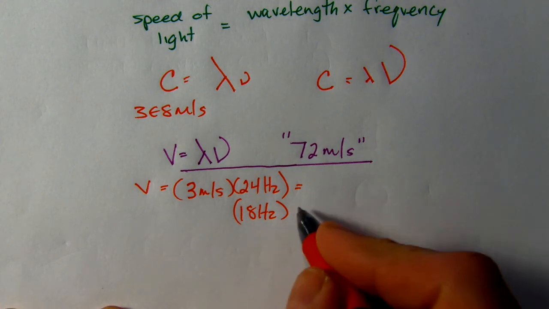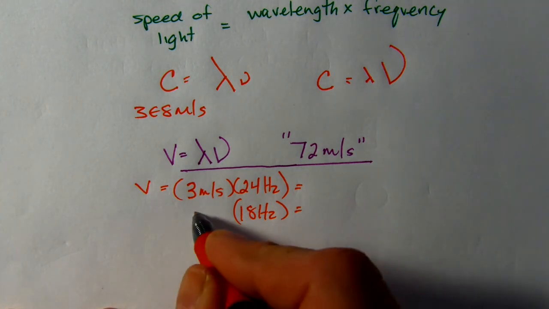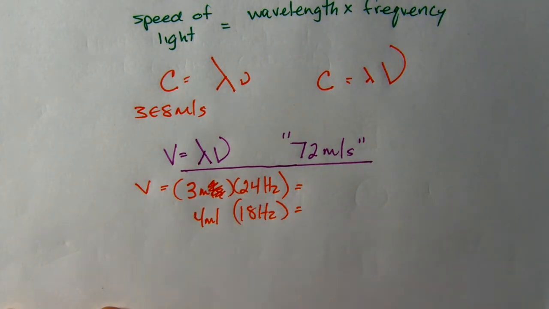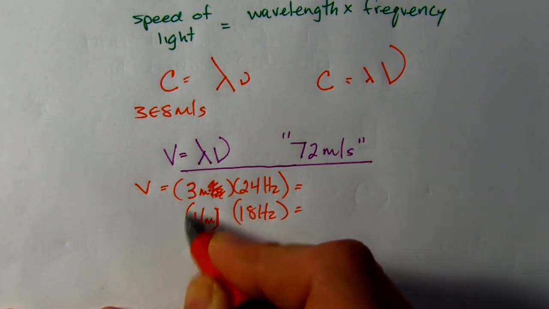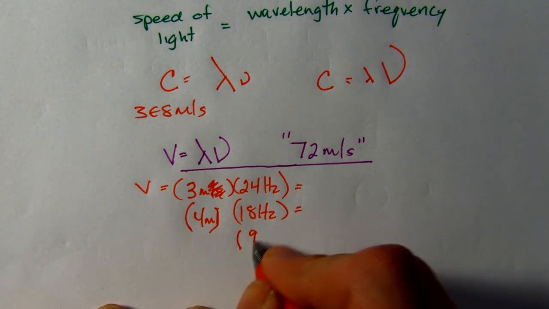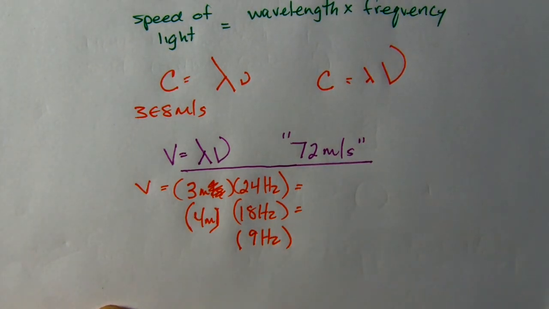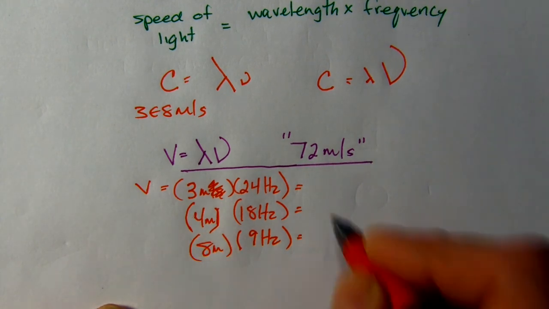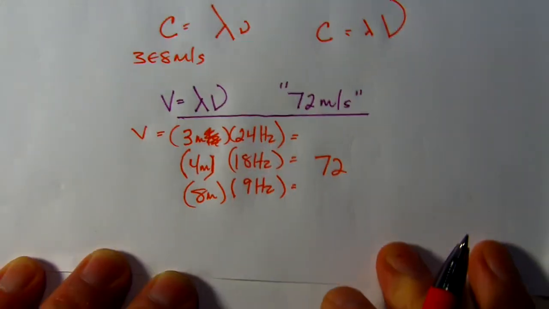If this is 18, we still have to equal 72, and so this becomes 4 meters. Then you'd have 4 times 18, and so on. So if you continue to drop the frequency, and now it's 9 vibrations per second, then this has to be 8 meters, and so on. Okay, every time it has to equal 72.